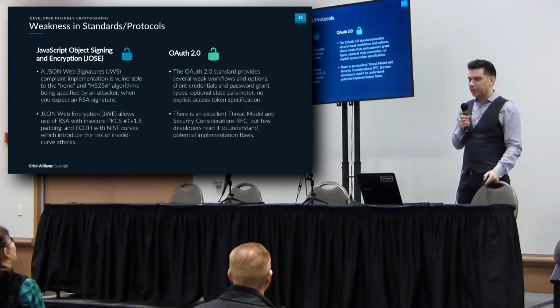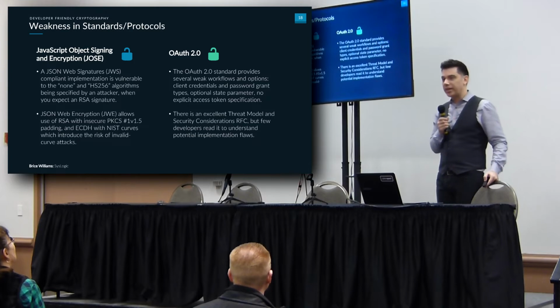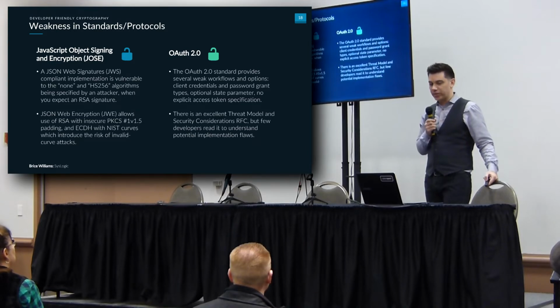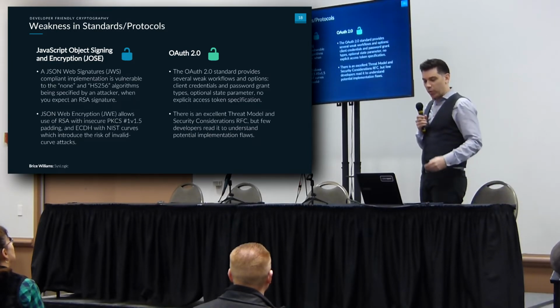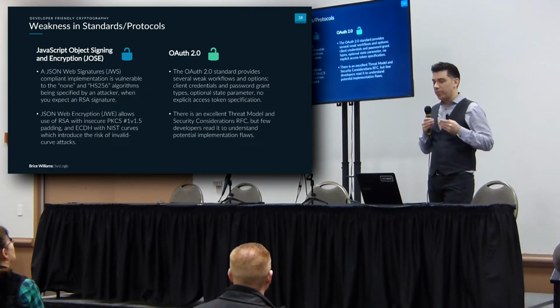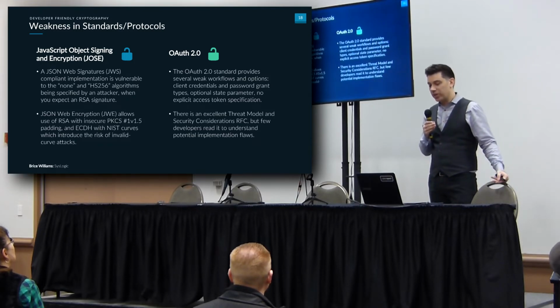We also have weaknesses in standards and protocols. Many of you may have worked with the JavaScript Object Signing and Encryption standard suite. It's a suite of standards, things like JSON Web Signatures, JWS, which even if you have a compliant implementation, meaning it meets the standard correctly, it is vulnerable to passing in the none or HS256 algorithms.